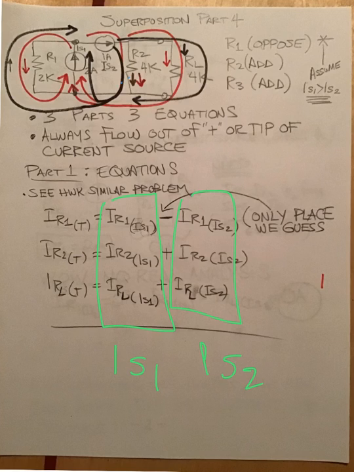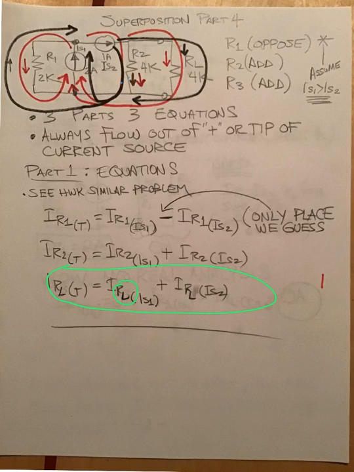So you're going to have to do this twice because there are 2 sources. But here's the good news. Theoretically, in your homework, they're only asking you to find the information for this. So even though I drew 3 equations, in your homework you only have to draw the 1 equation and solve 2 currents.